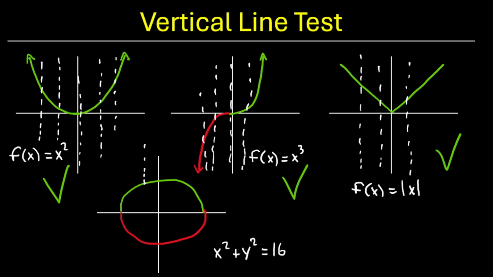If we draw a vertical line here, we intersect here. Keep going. We intersect there again. Anywhere that we draw a line, we're going to intersect it twice. Or you could draw it outside, but if at any point you intersect it more than once, it's not a function. This one is not a function.